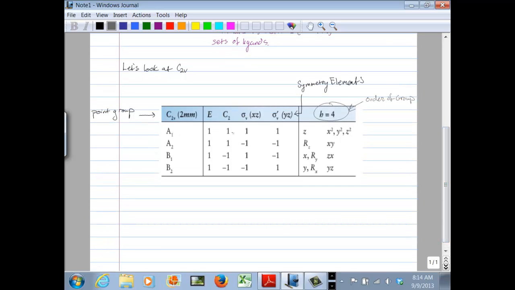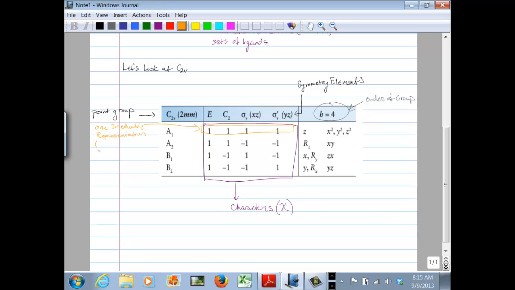Well, we have these lines here. The things in the middle, all of these numbers in here, are called characters, and they're the characters of the irreducible representations. Now, an irreducible representation is one of these lines. Just this line, for example, is one irreducible representation.